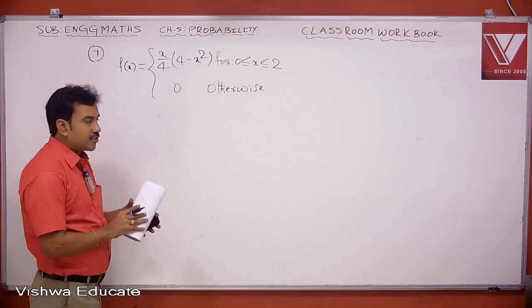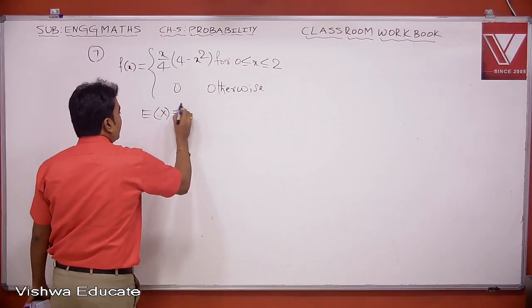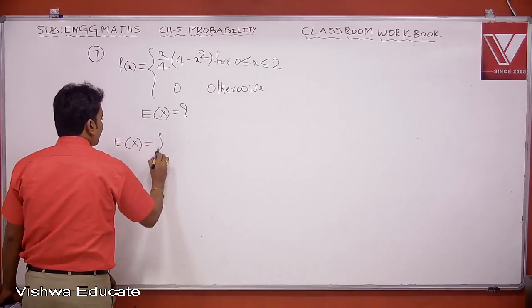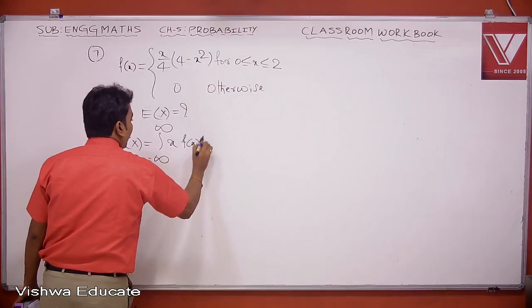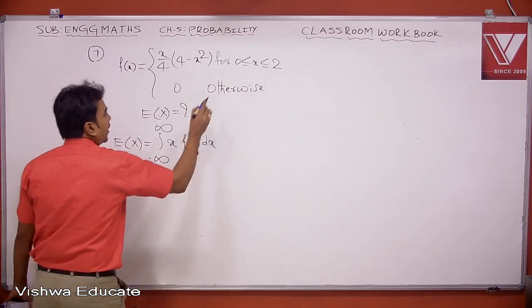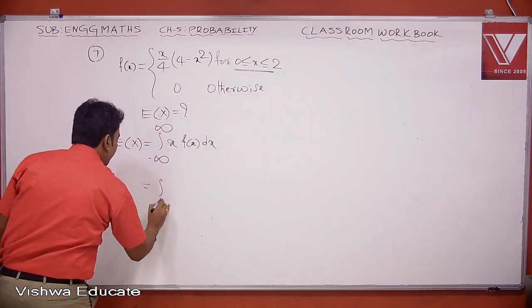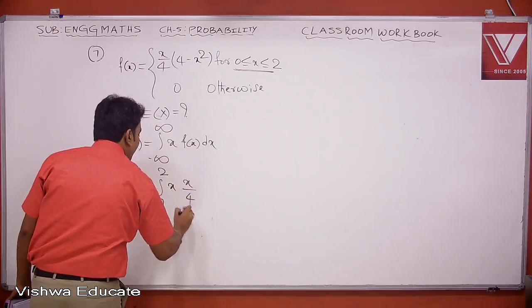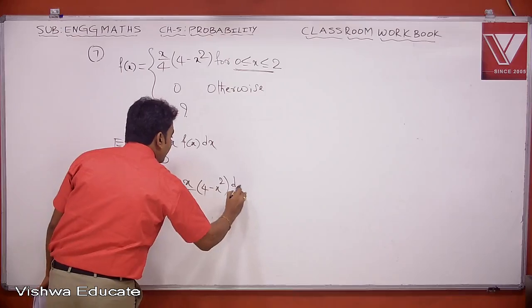The mean of x. So we need to find expectation of x. So the expectation of x is actually integral minus infinity to plus infinity x into f of x dx. But here limits are ranging from 0 to 2 only. So therefore here limits 0 to 2, x times f of x is x by 4 into 4 minus x square dx.